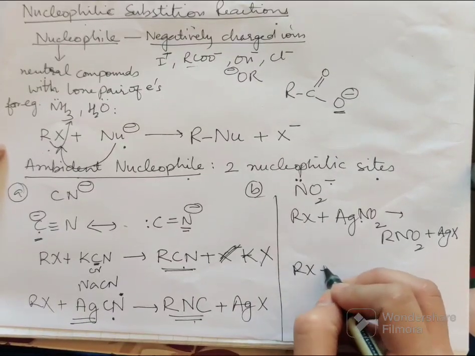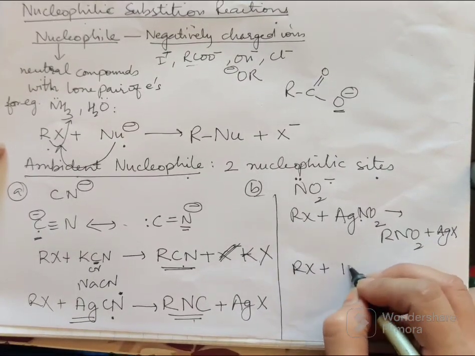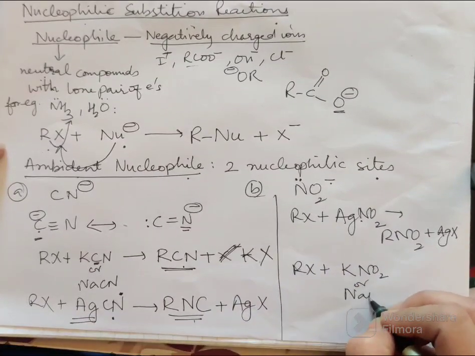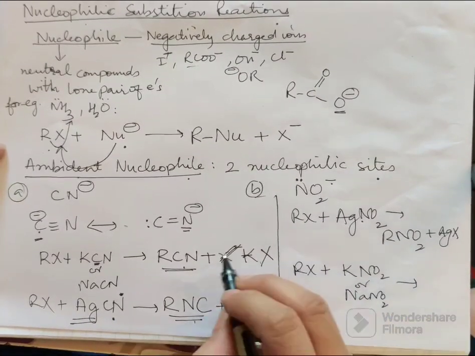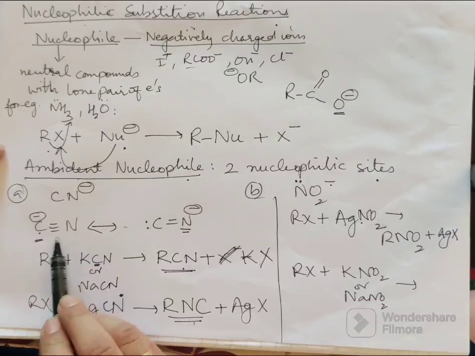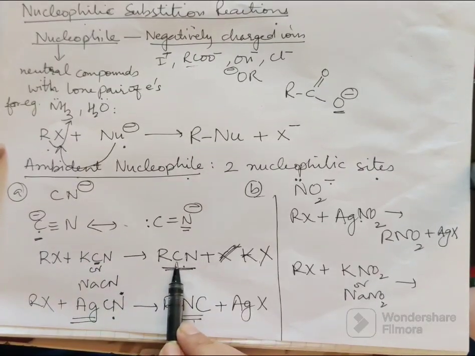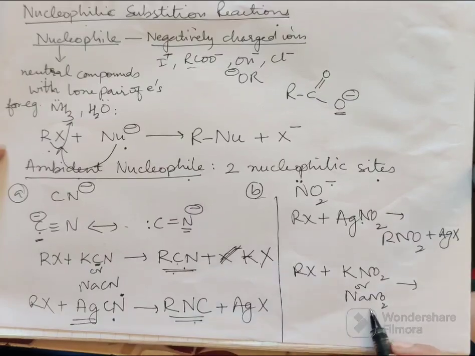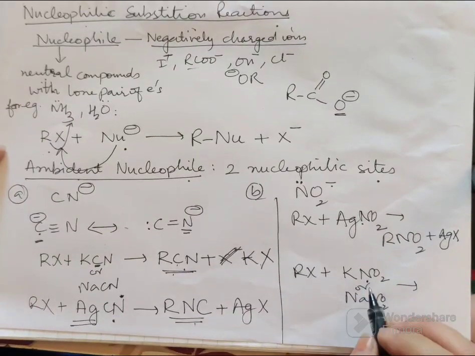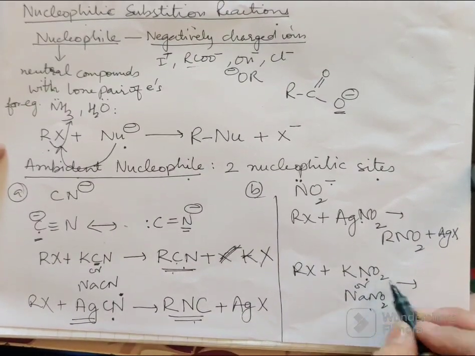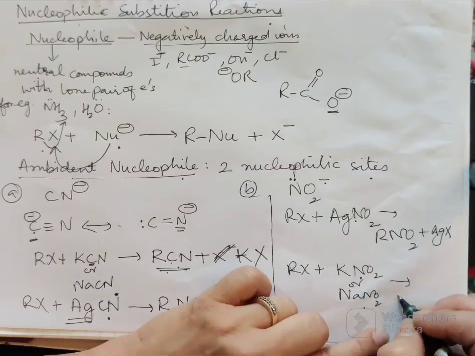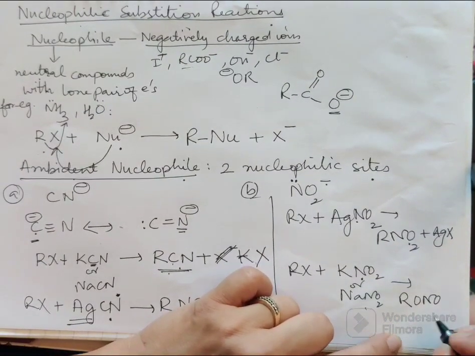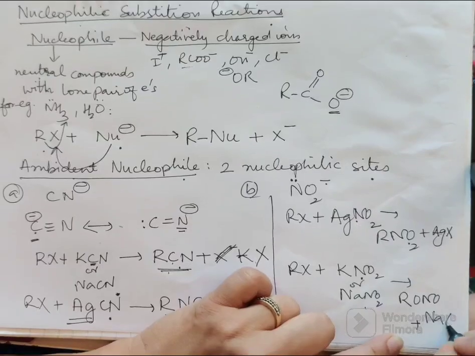And if the reagent is potassium nitrite or sodium nitrite, the bonding is through the other atom. If it was CN, bonding would be through C, like in this case. Potassium cyanide, the bonding is through carbon atom and we get nitrile. Here, if it is potassium nitrite, the bonding will not be through nitrogen, it will be through oxygen and we'll get RONO. This is nitro, this is nitrito, and NaX or potassium halide.